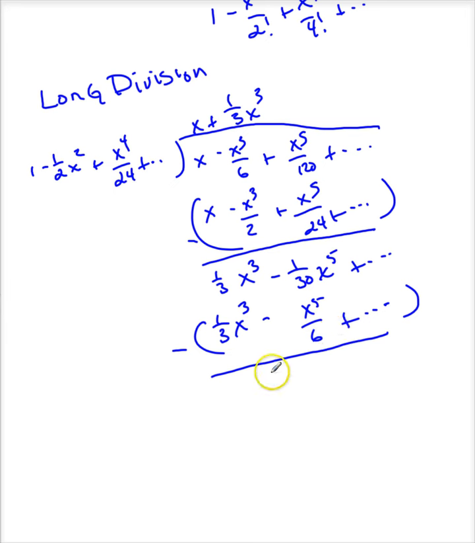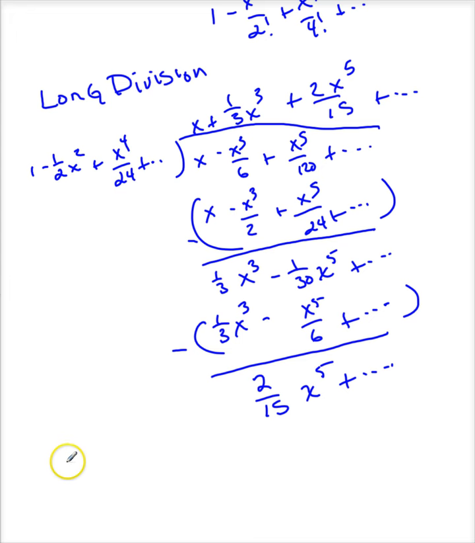And I'm left with ugly, but that's okay, 2 divided by 15 x to the fifth plus. Now you see I only want the first 3 terms for this one. So this is going to be plus 2x to the fifth divided by 15. Because I only wanted the first three terms, I'm actually in good shape.